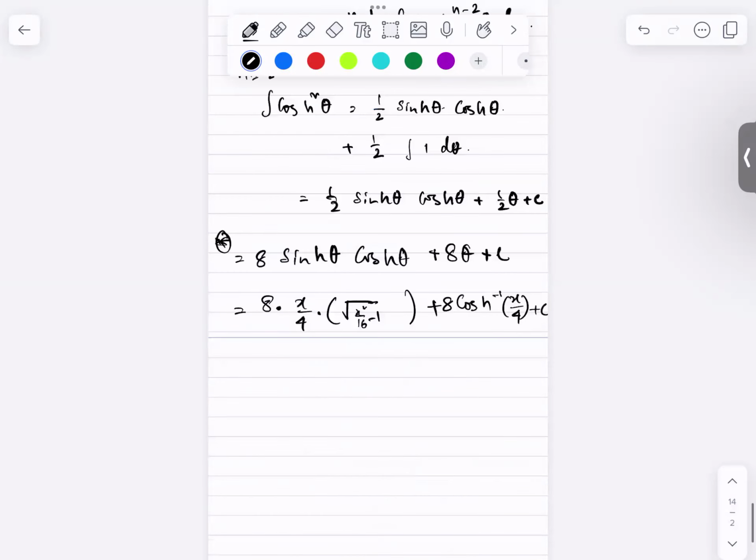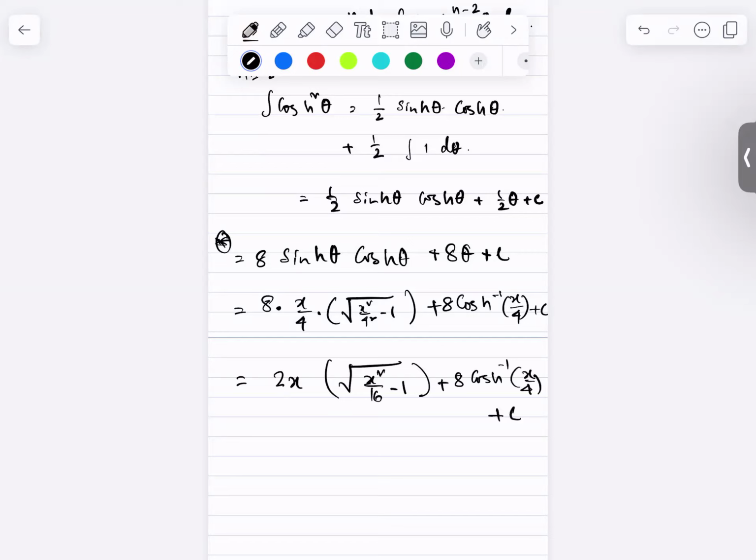Yeah. So that's my answer. Let me write it clearly. This is basically a rough answer. I can write one more line. 2x times square root of x squared over 16 minus 1 plus 8 cosine hyperbolic inverse x over 4 plus c. So this is the answer, yes.